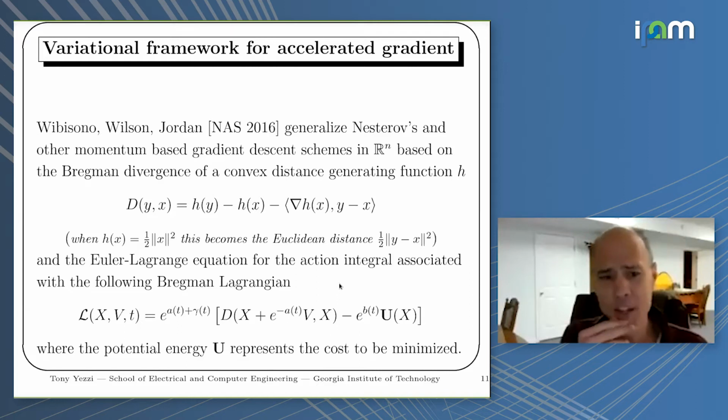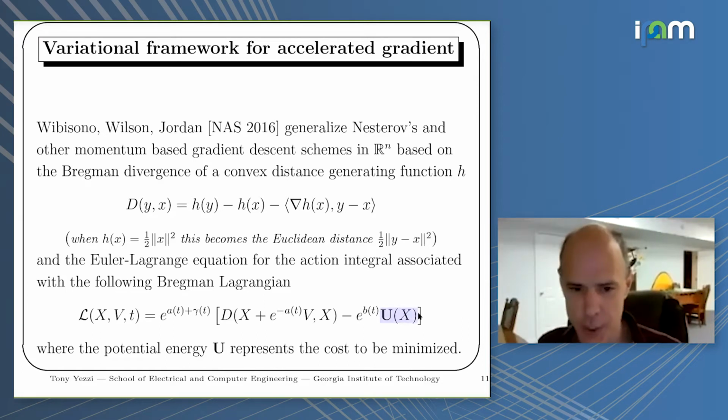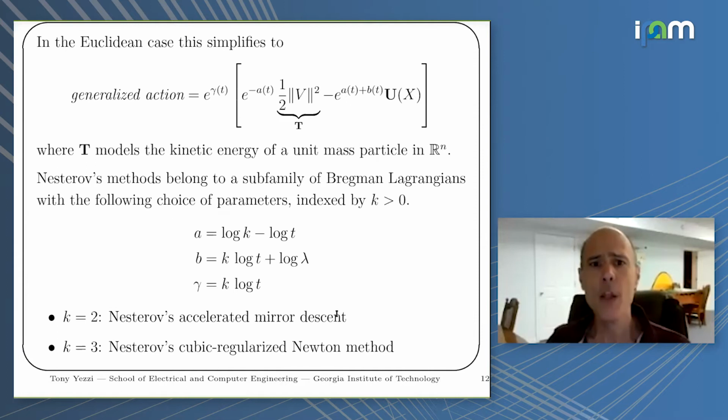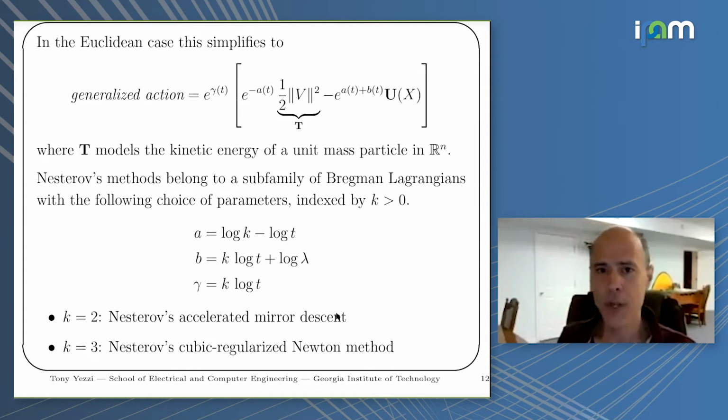In this case, the idea is that you have the energy that you're trying to optimize, which they're calling U, and that behaves as a potential energy term. Then you have this other term that depends on basically the dynamics of the optimization. If you take a special case, if you just look at the Euclidean distance, you get a simple version, which looks like a generalized version of the classical action, in which you have a velocity and a position.